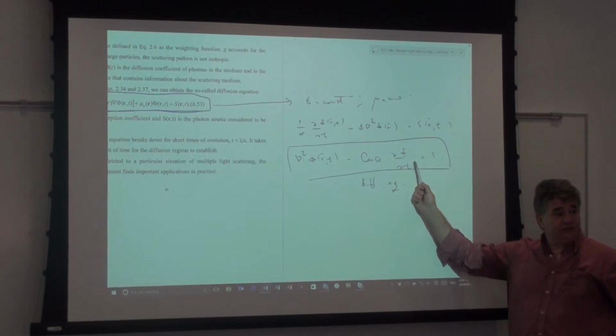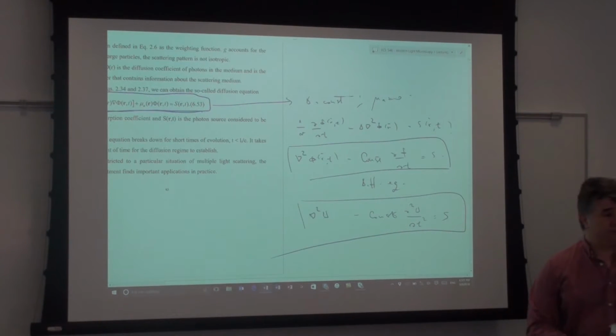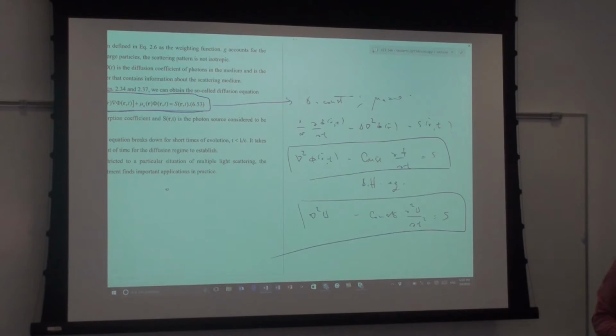Only first order derivative as opposed to second. Right? So if this was a field minus constant, this will be d²u/dt² equals a source. Huge difference.